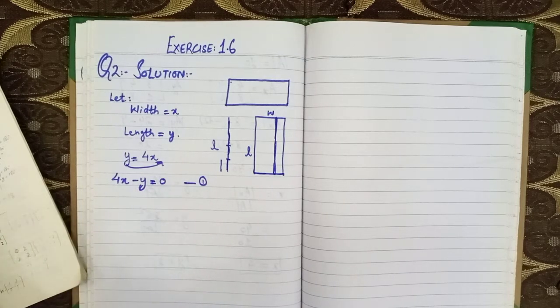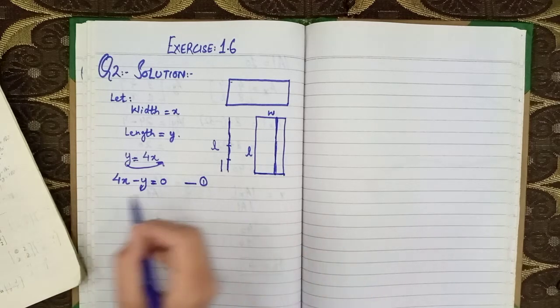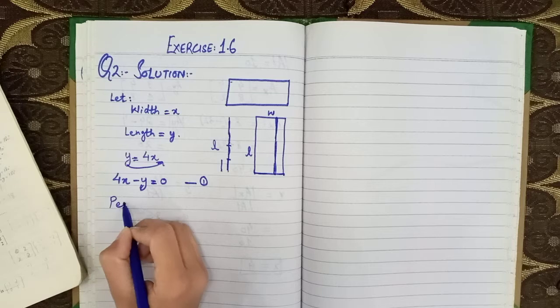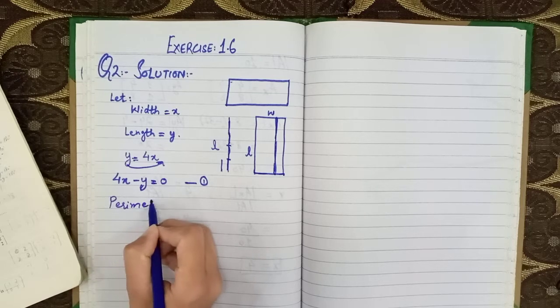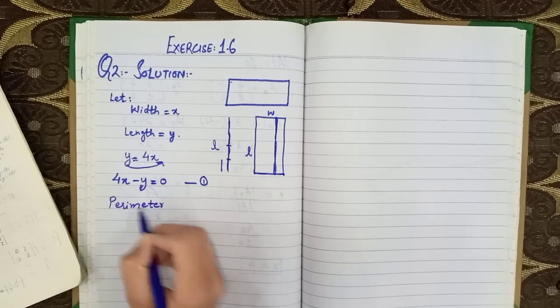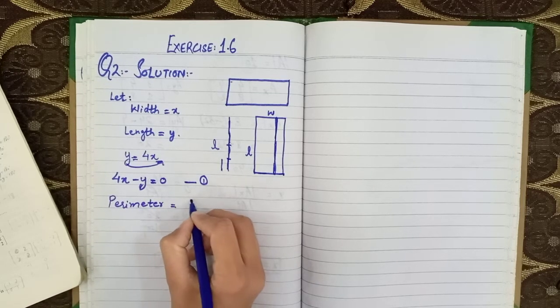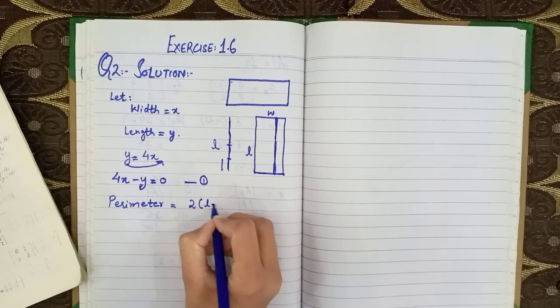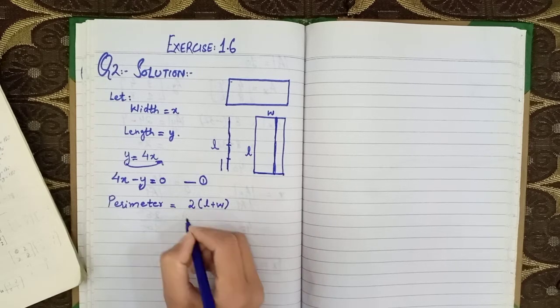Now let's go to the question again. The perimeter of the rectangle is 150 centimeter. What is the perimeter of the rectangle? Perimeter for every shape is different, as you know. Perimeter of a rectangle is 2 into length plus width.